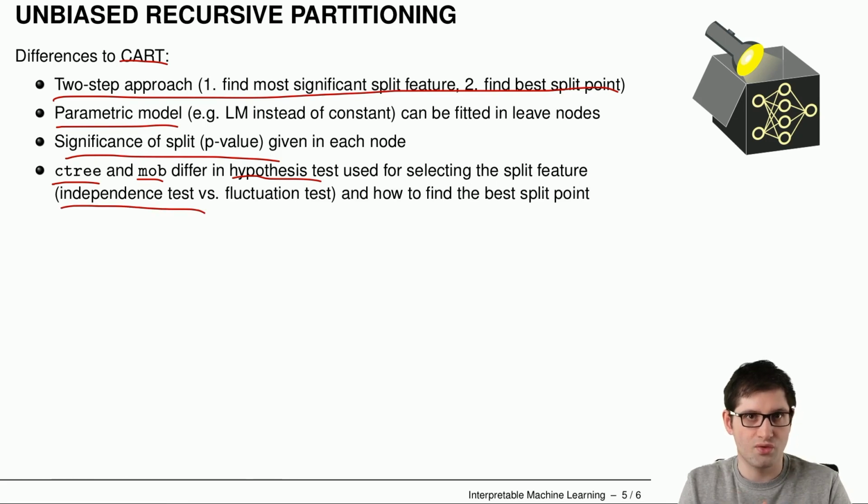So CTree, for example, uses an independence test where we test if there is an independence between the feature and the target, and MOB uses a fluctuation test which uncovers parameter instabilities and then splits according to the feature that has the most potential to improve this instability. And they differ also by how they find the best split point.